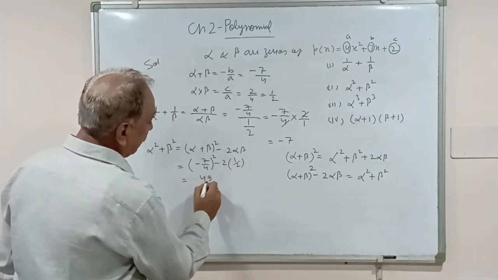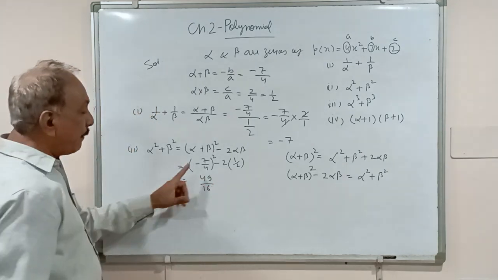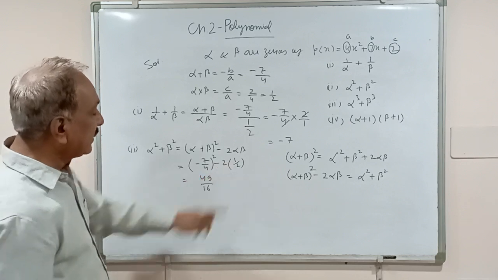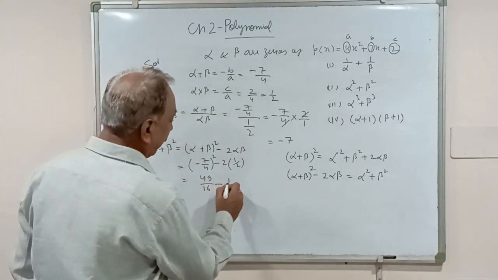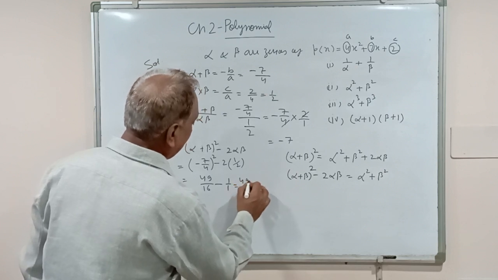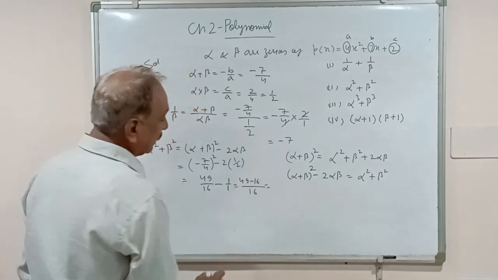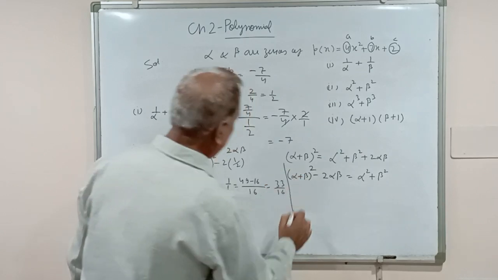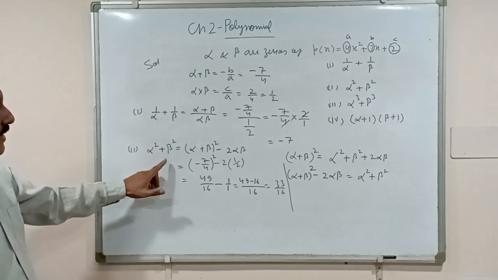This is 49 upon 16, minus square is plus, 7 square is 49, whole square is 16, 2 cancels, only 1, means 1 upon 1. LCM is 16, 49 minus 16 is 33 upon 16. This is the value of alpha square plus beta square.